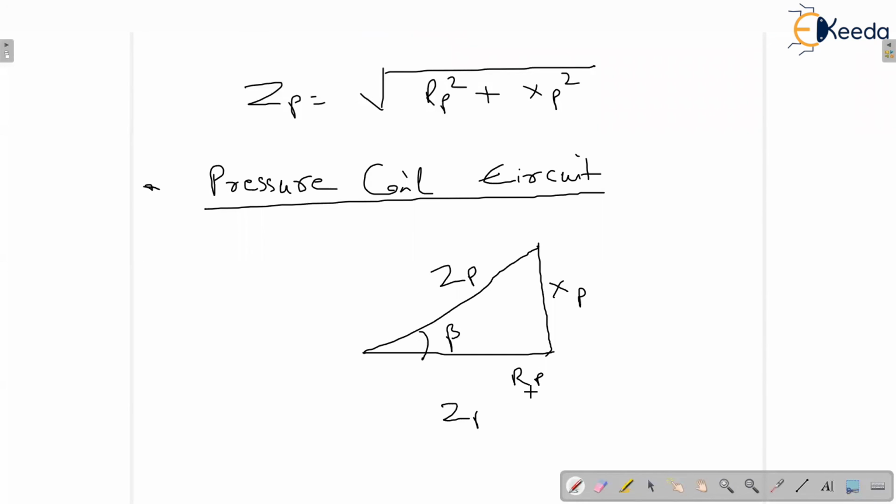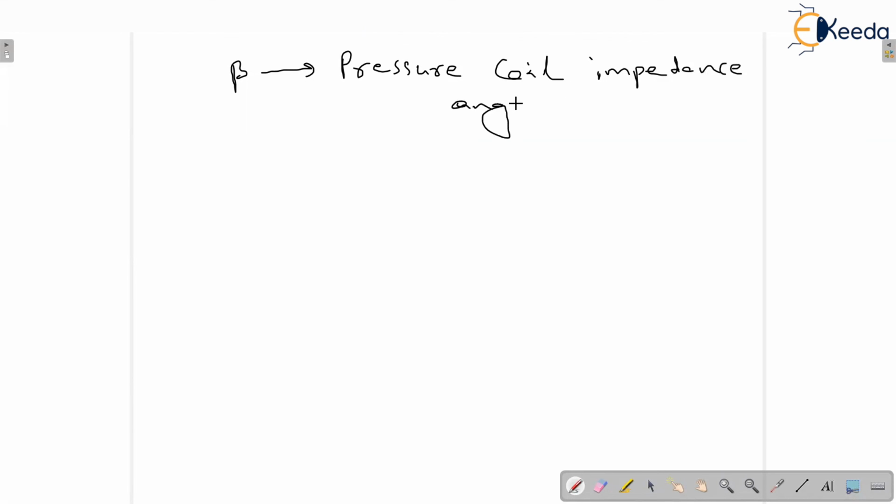So ZP is equal to RP plus jXP. What is beta? Beta is the pressure coil impedance angle.